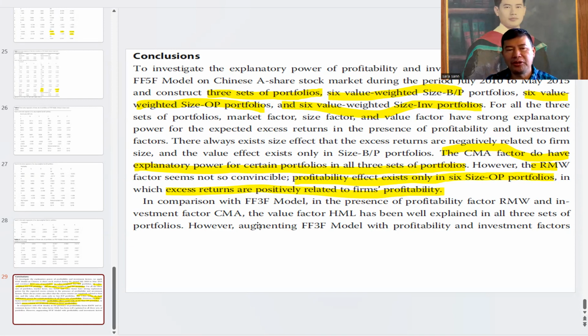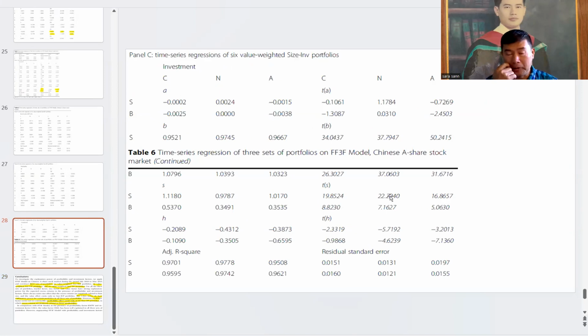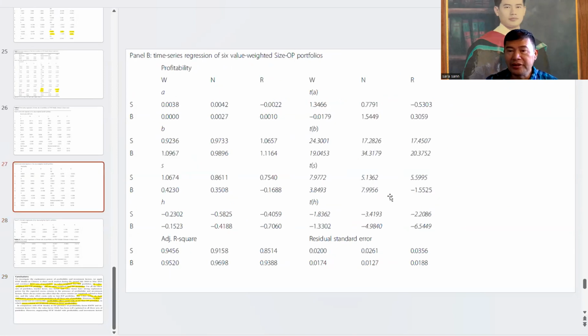However, the RMW factor seems not too convincing. The profitability effect exists only in 6 size operating portfolios, in which excess returns are positively related to the firm profitability. Okay, look back to the result. We can see that most are not significant.